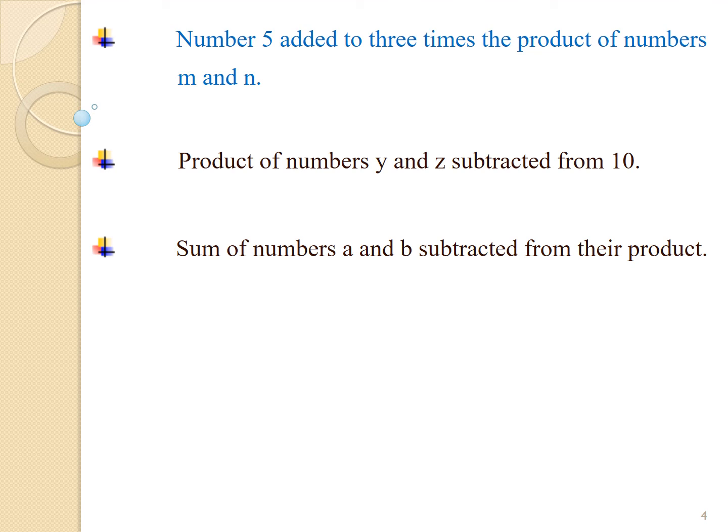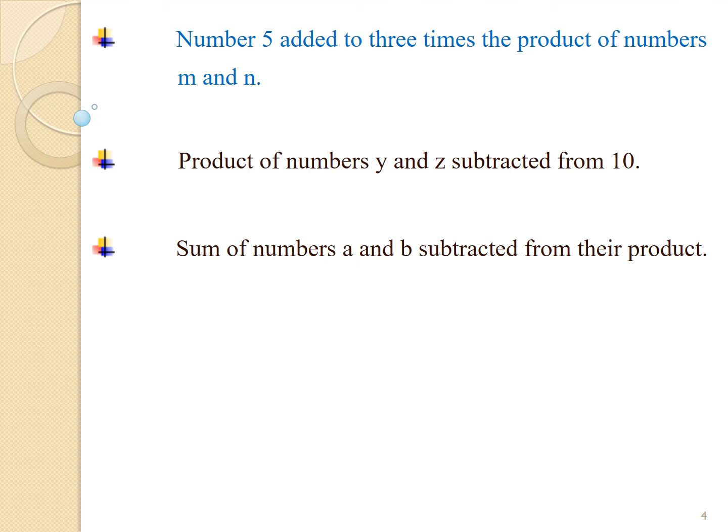mn by 3. Then we have to add 5 to the 3 times the product of numbers m and n. So let us first multiply mn by 3 and then add 5 to the product we obtain.